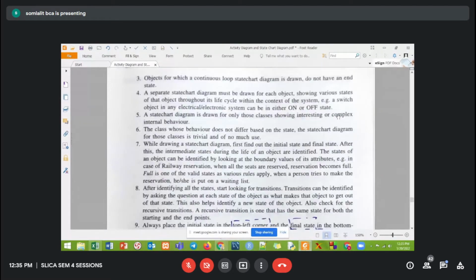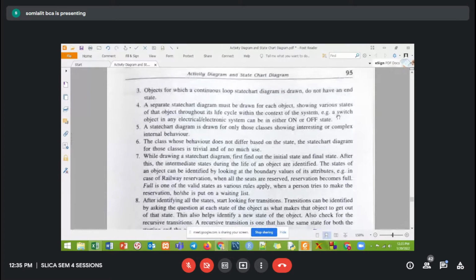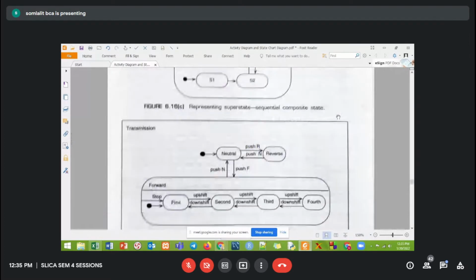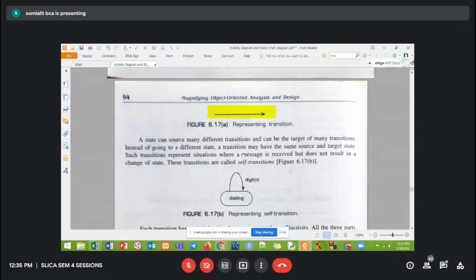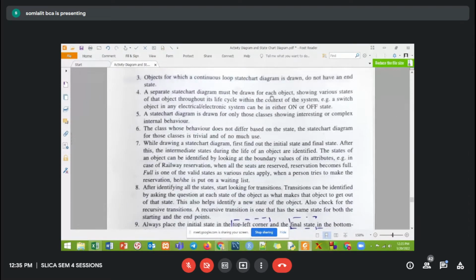Now we saw here, if there is some looping, so it may be possible that you don't have an end state. Possible. Then a separate state chart diagram must be drawn for each object, showing the various states of the object throughout its life cycle within the context of the system.